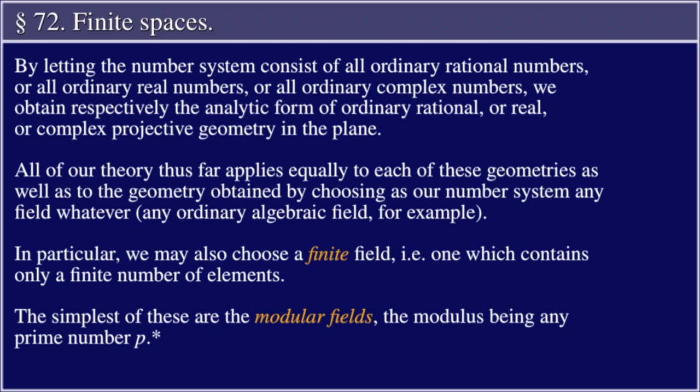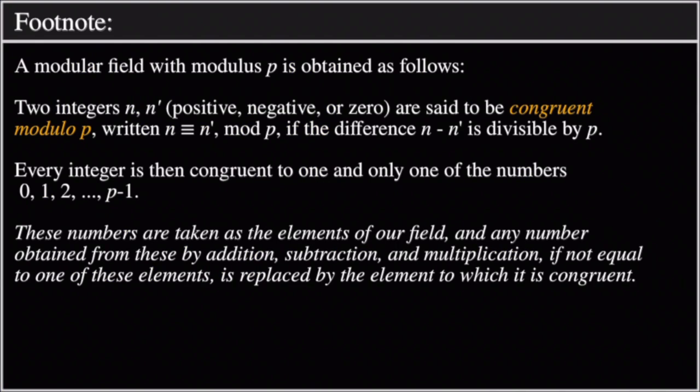The simplest of these are the modular fields, the modulus being any prime number p. Footnote: a modular field with modulus p is obtained as follows. Two integers n, n prime, positive, negative, or 0, are said to be congruent modulo p, written n congruent n prime mod p, if the difference n minus n prime is divisible by p.